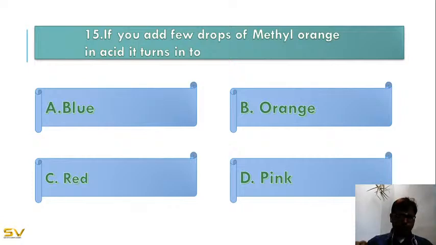A few drops of methyl orange added in acids turn into option A blue, option B orange, option C red, option D pink. As of now we discussed that methyl orange is a synthetic indicator.